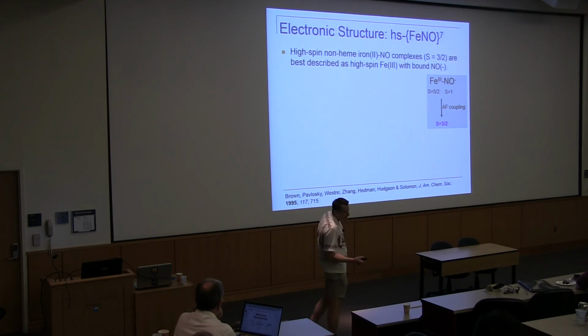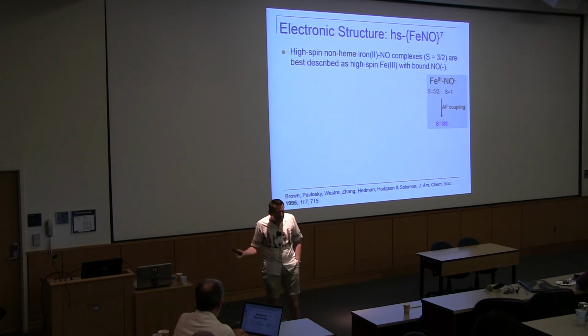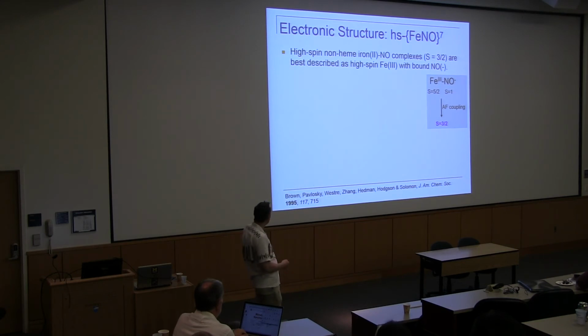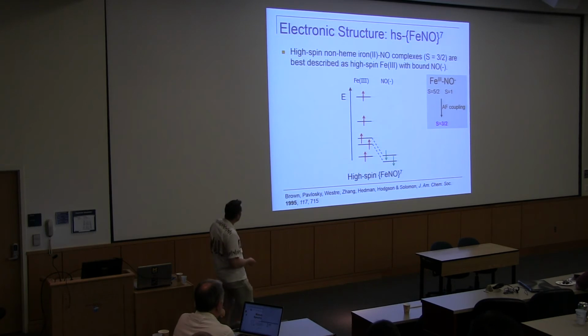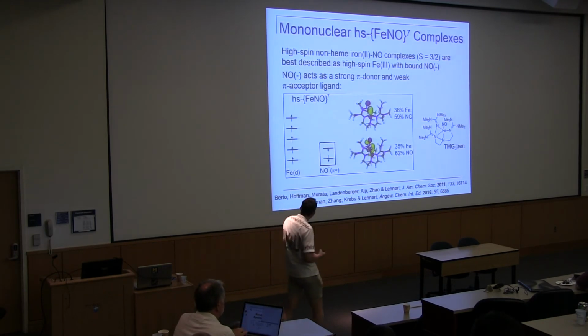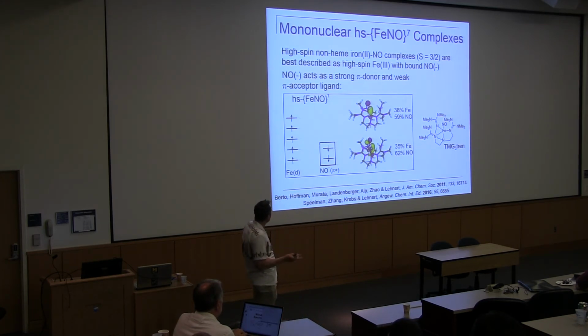And nitric oxide, of course, is what we call a non-innocent ligand, so it is redox active, like this example implies. So it gets reduced when it binds to the iron center. So we can also illustrate this electronic structure in this particular way. Then you might ask yourself, okay, how does this bonding work? We did some work on this, and essentially we were able to show that this NO- ligand is mostly a pi donor to the iron center. So you form these two very covalent pi donor bonds.